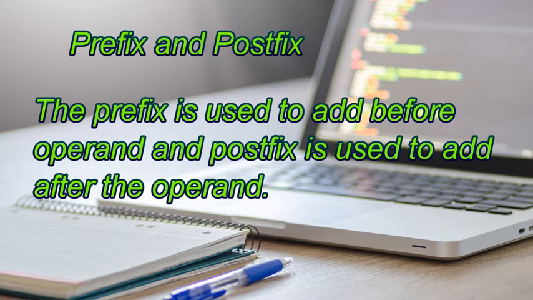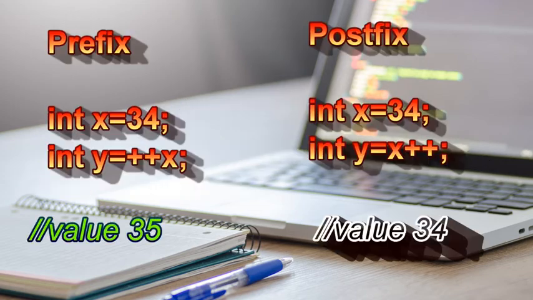Now what is the change in the purpose of prefix and postfix? For example, you can see over here that I have given a value of x equals 34, and after that I have given int y equals plus plus x, which means the increment operator of the prefix form is given before the variable. In that case, the value of y will be 35.